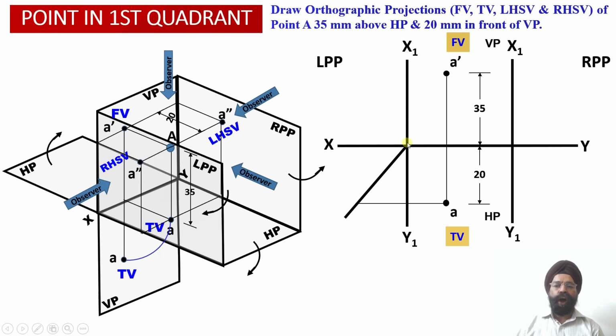Now we have to draw a transfer line at an angle of 45 degrees with respect to the XY reference line or the X1 Y1 reference line.